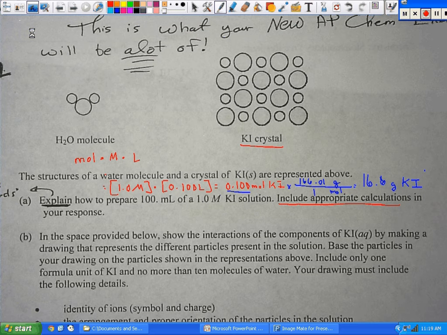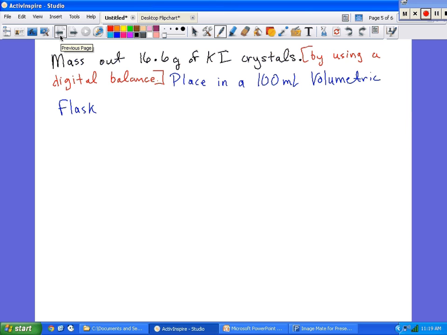Okay, next. Place in a 100 milliliter volumetric flask and do what? Very good. And add 50 milliliters of hot distilled H2O. Now, two things.